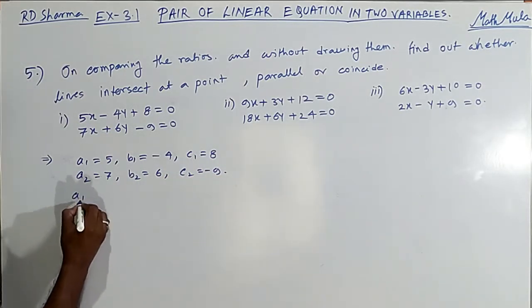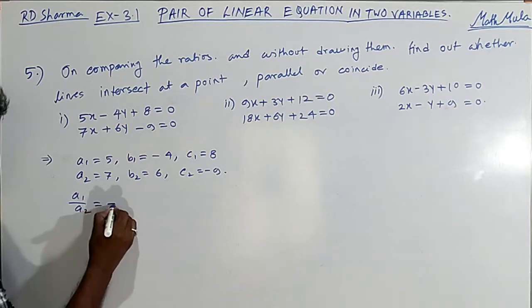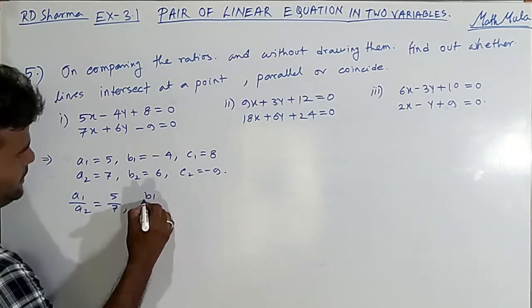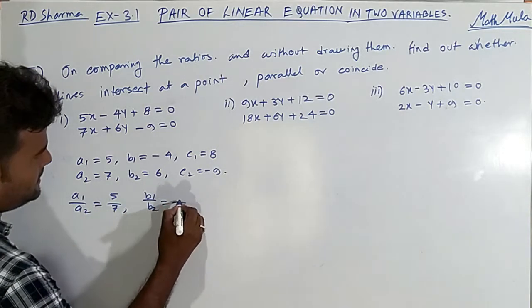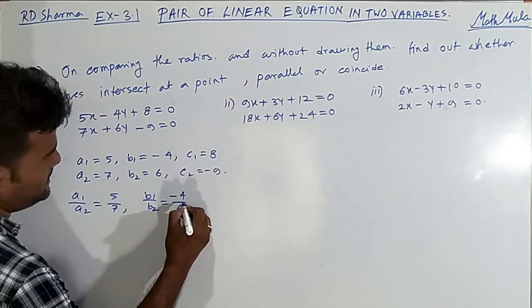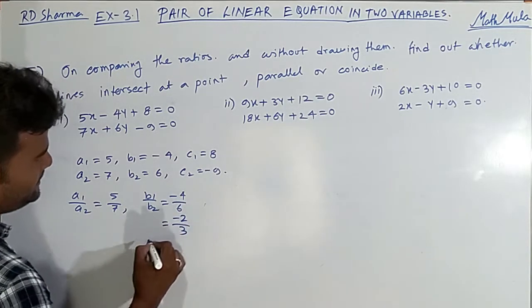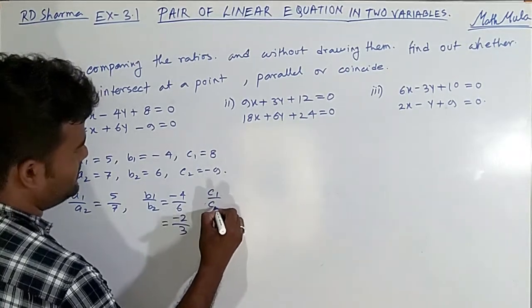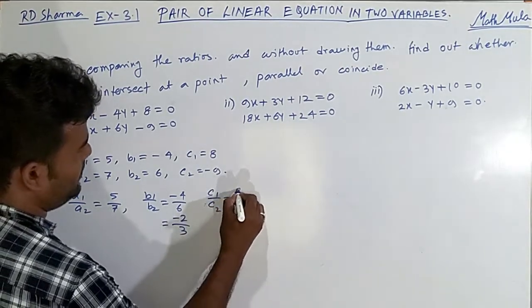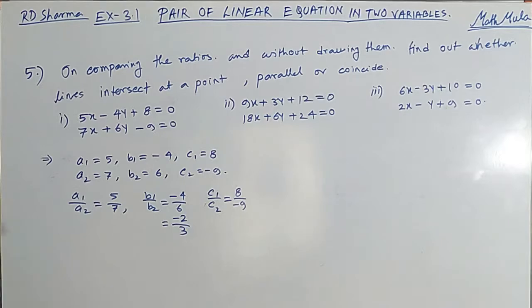Now find the ratio a1 by a2, this is 5 by 7, and b1 by b2, this is minus 4 by 6. Now cancel them, we get minus 2 by 3, and c1 by c2 equals 8 by minus 9. Now look, these three ratios are not equal.